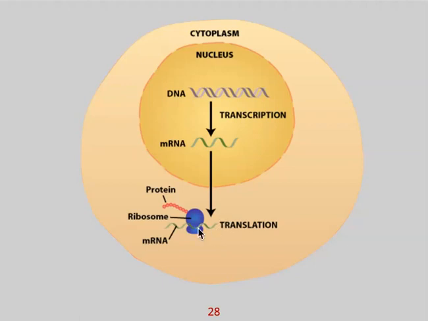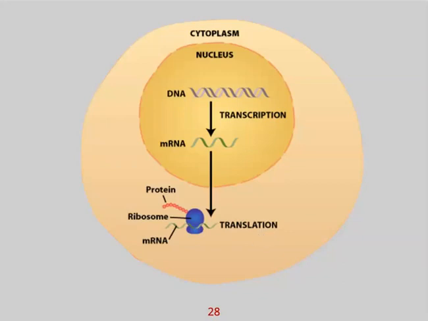In the cytoplasm, its sequence is then read by the ribosome, which decodes that sequence and creates the polypeptide chain, which later folds into a protein. So translation occurs inside the cytoplasm.